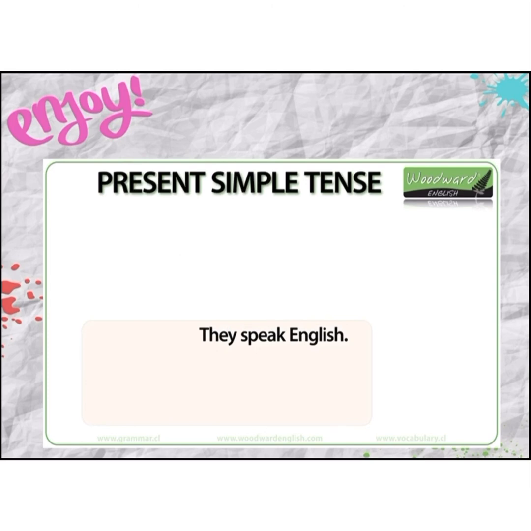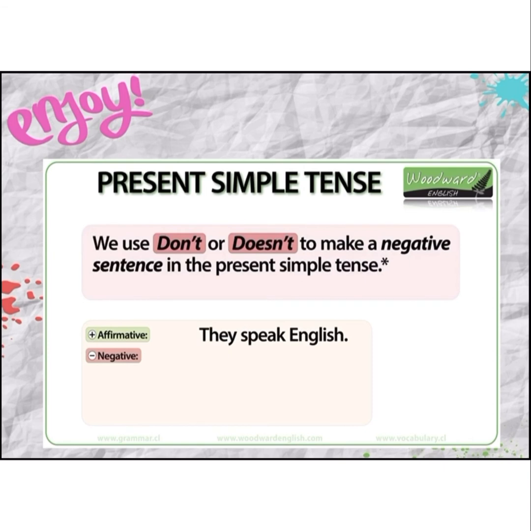Look at this sentence. They speak English. This is an affirmative sentence. How can I make this a negative sentence? In English, we use don't and doesn't to make a negative sentence in the present simple tense.